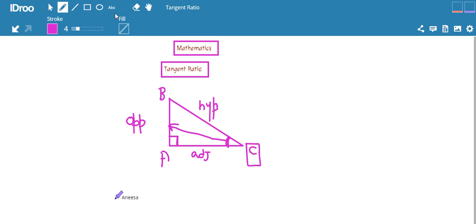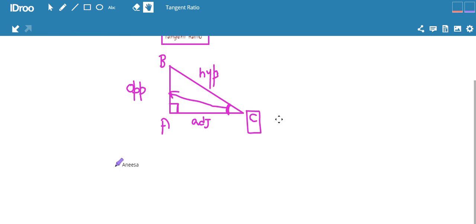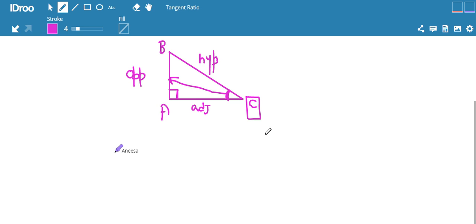ADJ, that would be called for adjacent, is the abbreviation for that. Now the thing is, we have different ratios. First, see this angle is C, so I'll find sine. The sine ratio would be equal to opposite over adjacent.